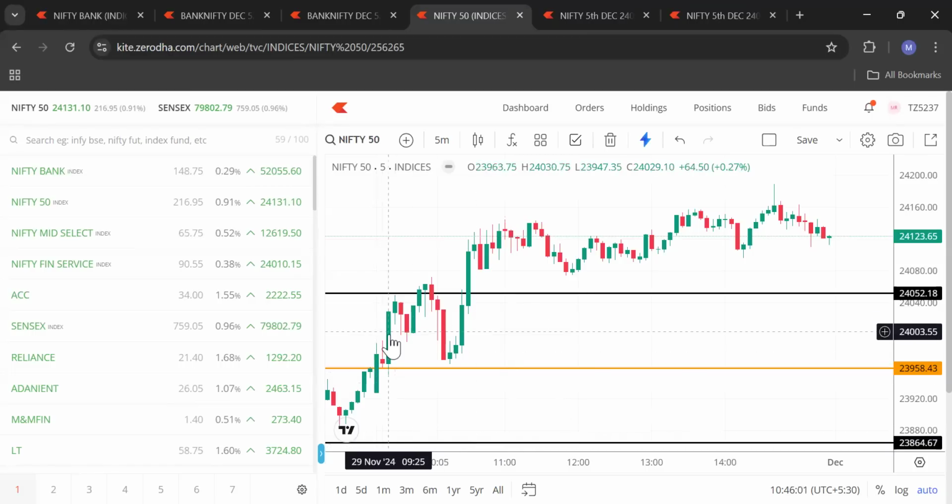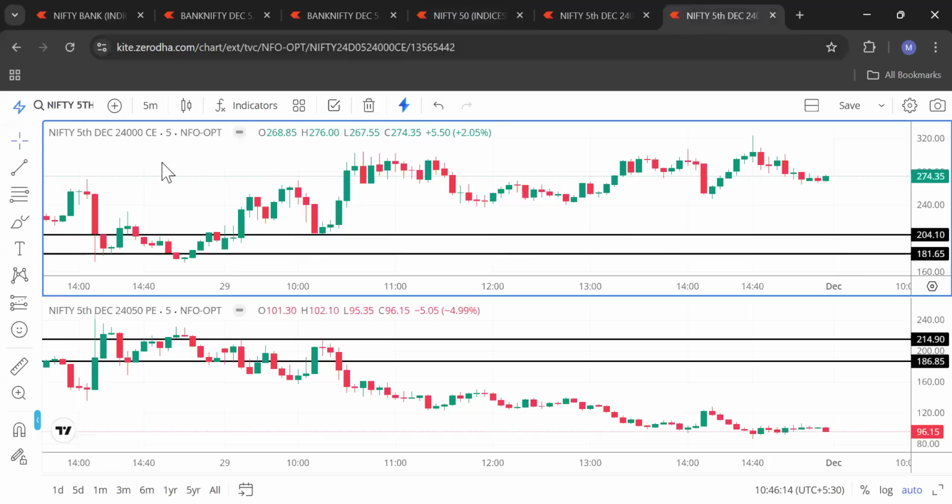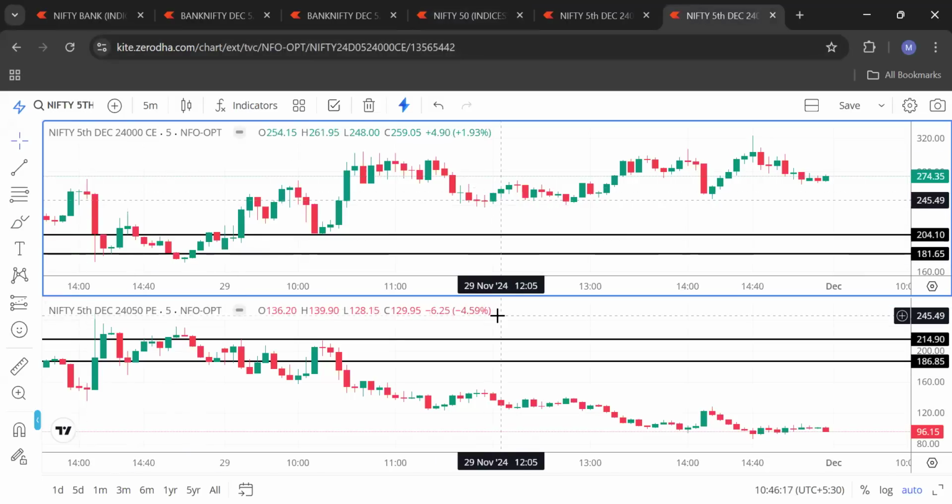Okay, so just see now at the end of this 5-minute, the Nifty was 23,975, but on the basis of SPP, which was 205, we selected a call and put of 24,000 and 24,050. There is something called common points. We need to have at least four common points.